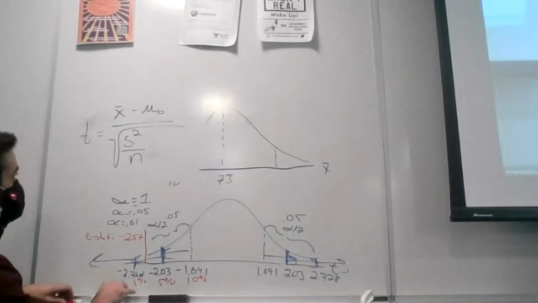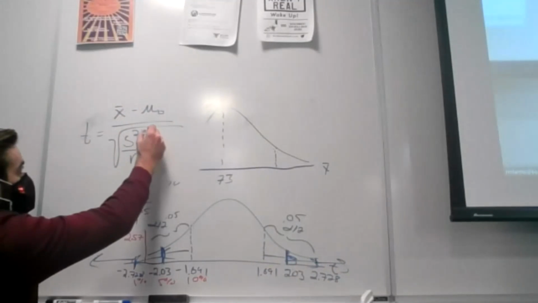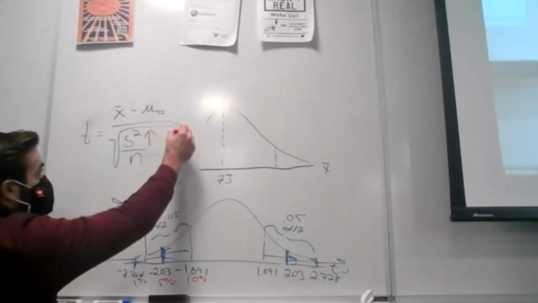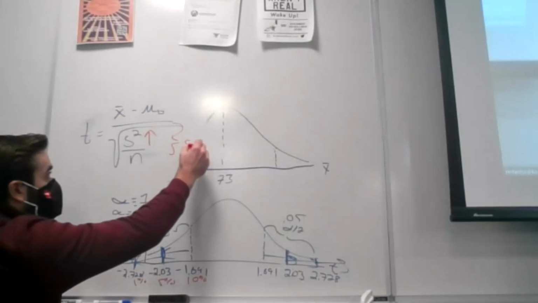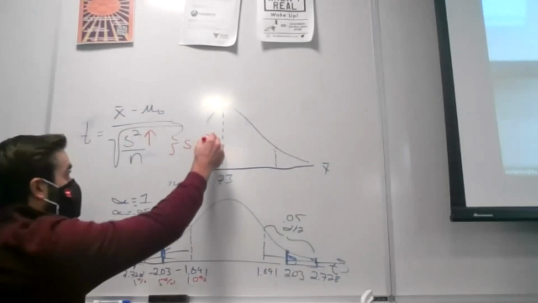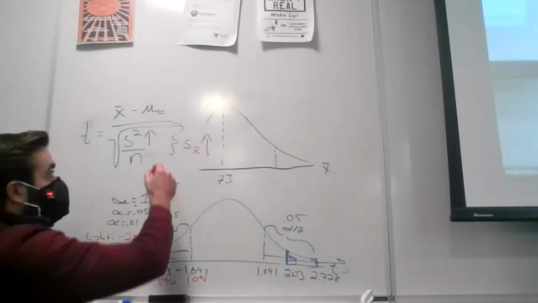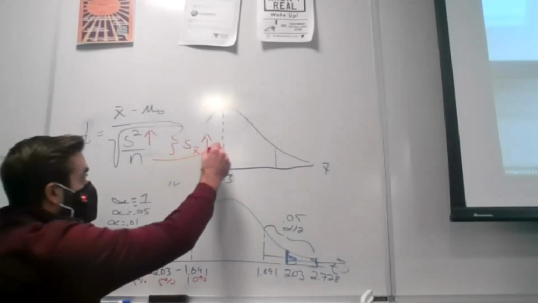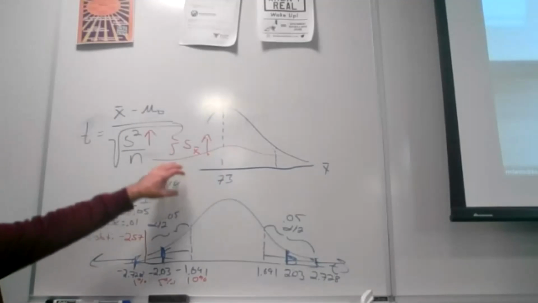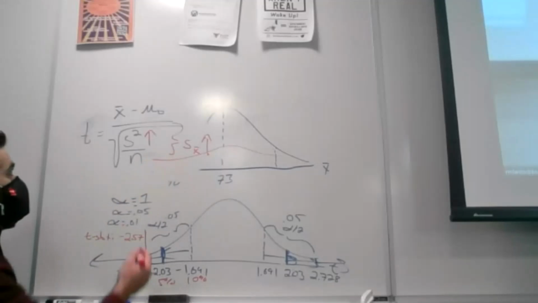So the sample variance goes up. What happens to the standard deviation of our sample means? Well, it gets higher, which means we have a flatter distribution, which means seeing the same sample evidence is now more likely, right?